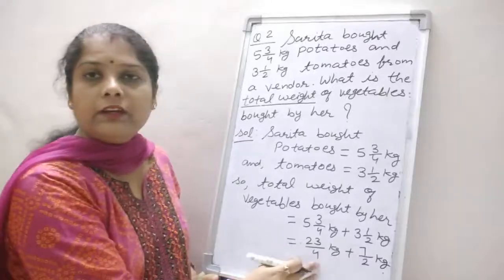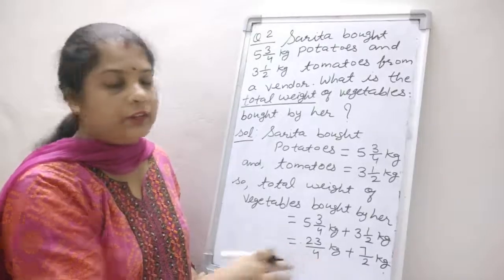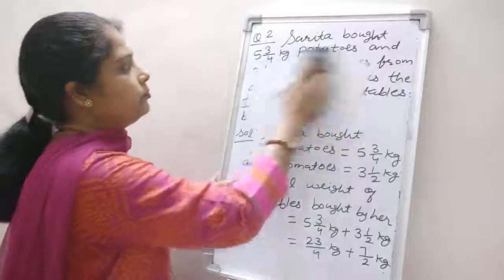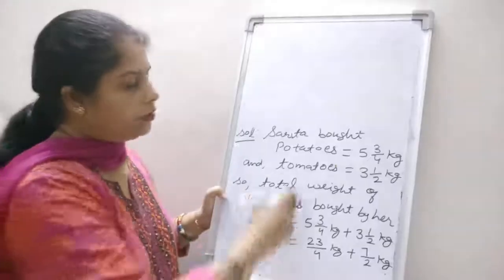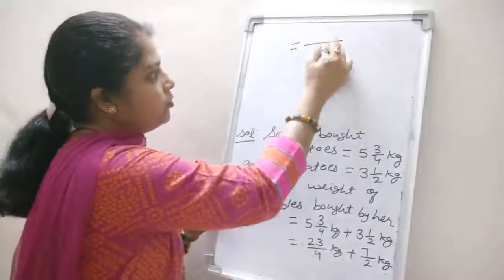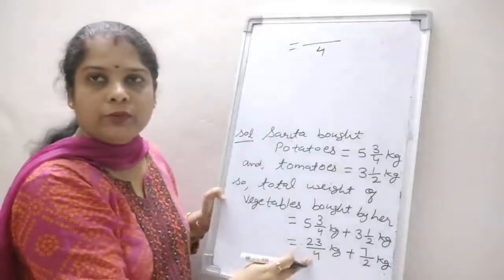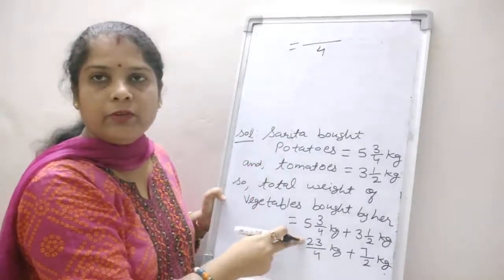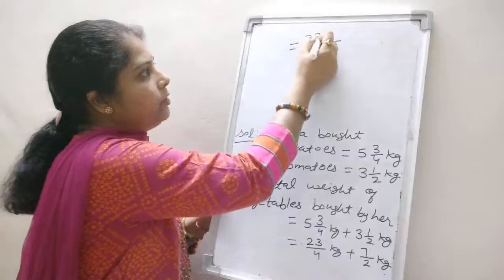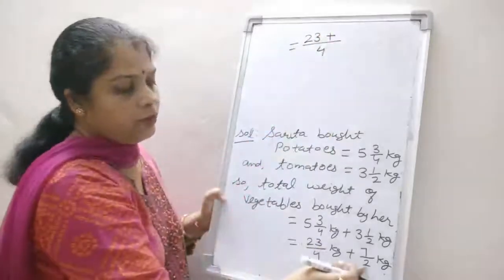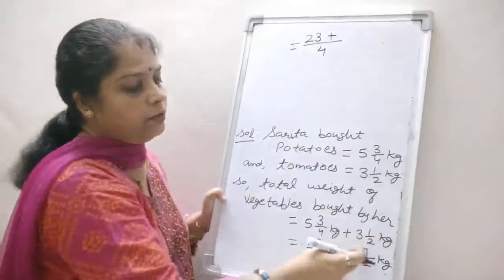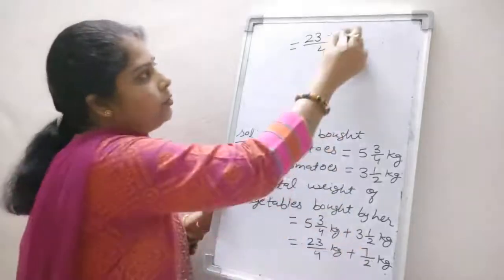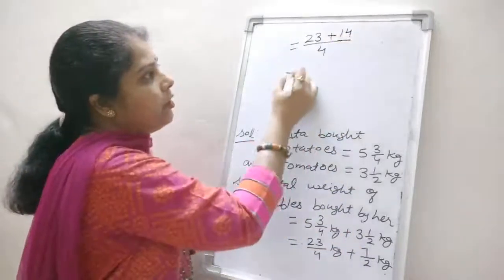Here these are unlike fractions, so we will take the LCM. Now the LCM is 4. Now 4 ones are 4 and 1 will be multiplied by 23. 23 ones are 23. Plus 2 2s are 4 and 2 will be multiplied by 7. 2 7s are 14.